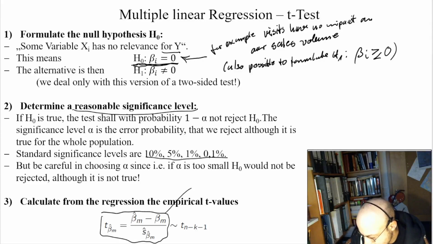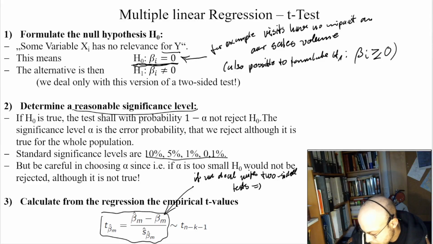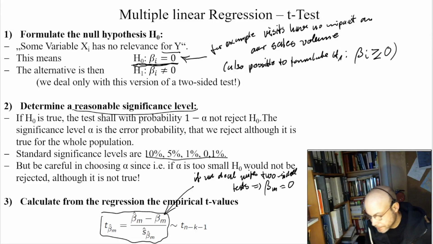And if we deal with two-sided tests, then of course beta m equals 0.